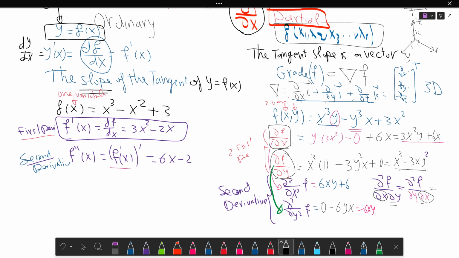If you finish it for x, make the result differentiation with respect to y, right? So it is up to you. If you start with this one, that's fine. If you start with this one, also fine. So what do you have? If you finish with respect to x here, you do the result with respect to y, right? So I will take this one and differentiate it with respect to what? To y, right. So what do you have?